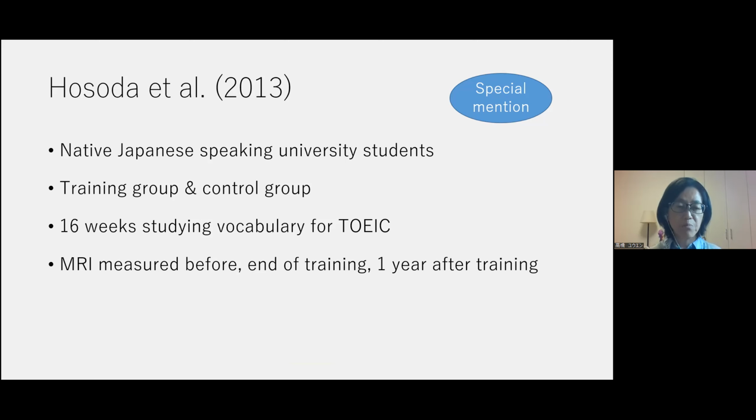They measured the MRI of the brain before the training and at the end of the training. They also gave MRI scanning 1 year after the training course, where students didn't continue the training but just did whatever they wanted.